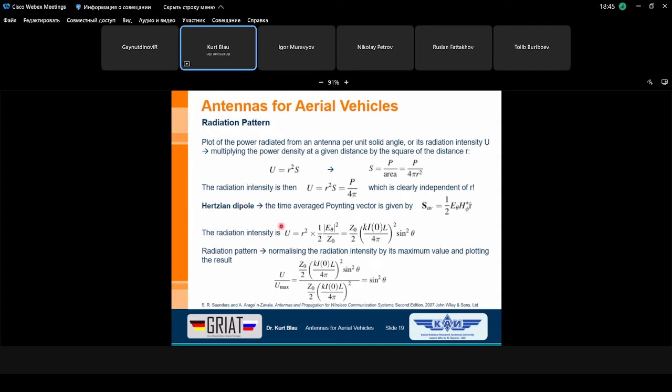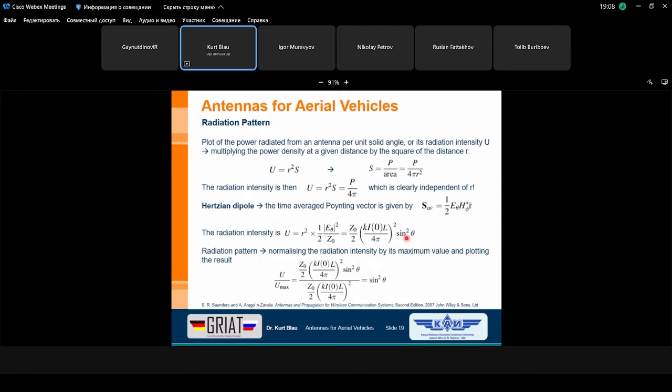This was our example on the basis of the Hertzian dipole. What happens if we relate to the maximum of the radiation intensity? This is only because of the sine function.